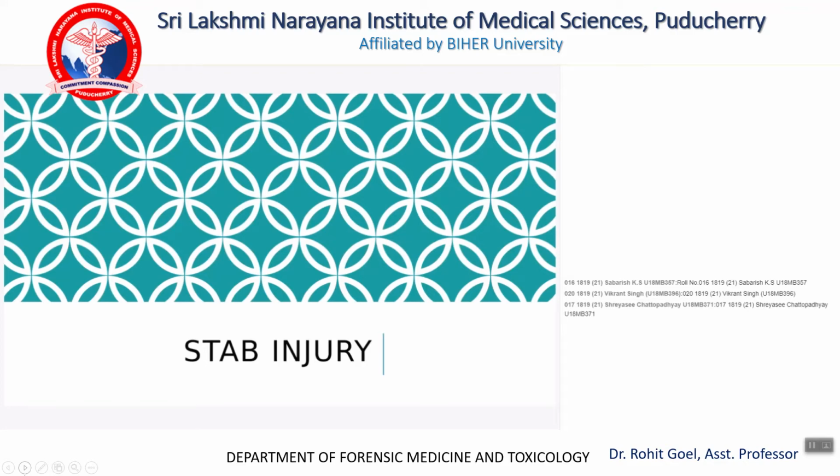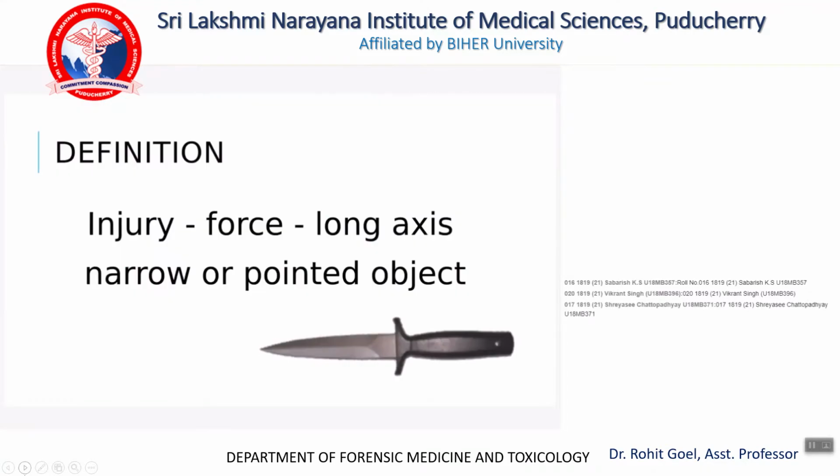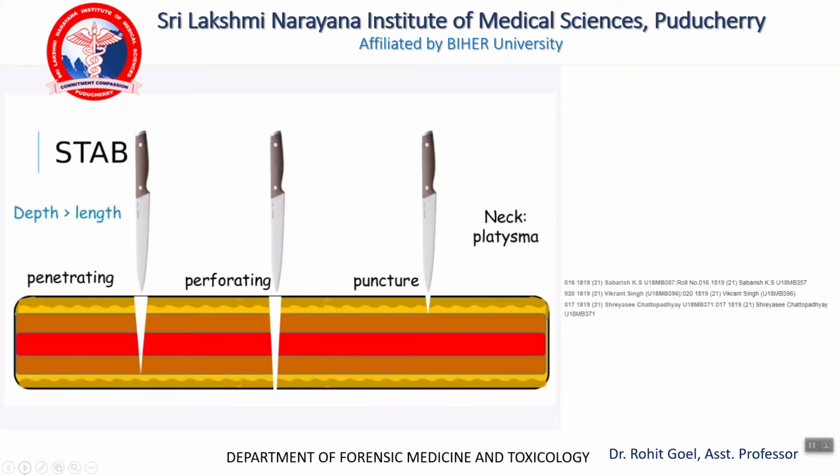What is a stab injury? Stab injury is an injury which is caused when a force is driven along the long axis of a narrow or a pointed object. It will have the effect of penetration of the body. It is of three types, where superficially it will be called a puncture wound.